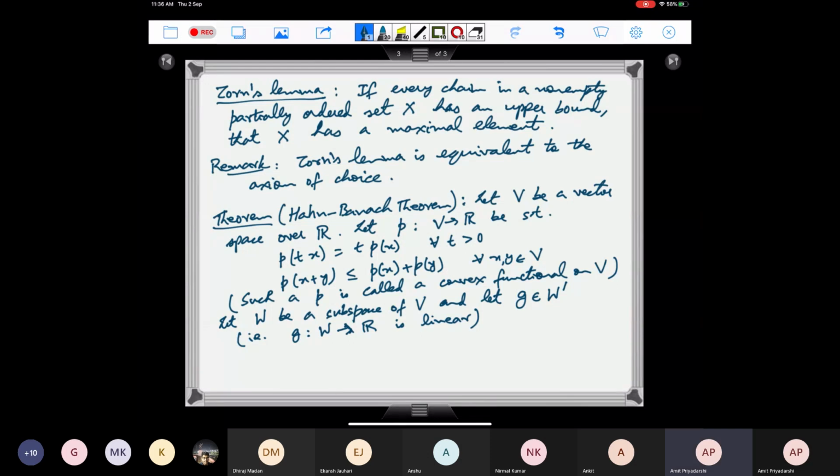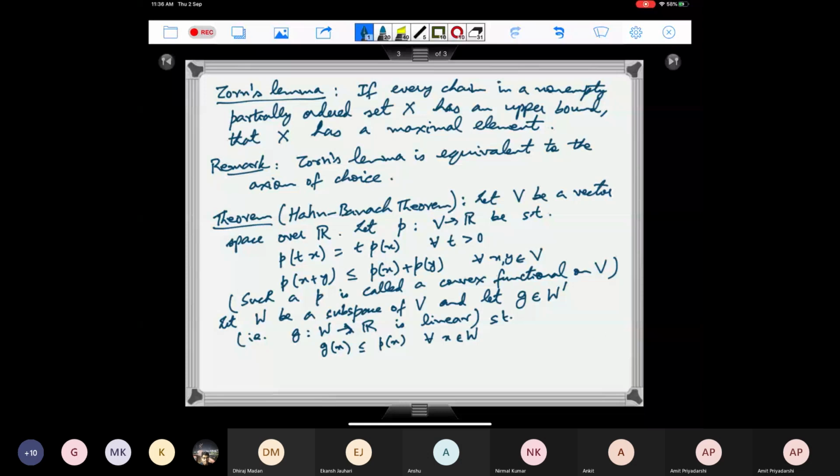So if I take any linear functional on a subspace such that this G is dominated by P, so such that G of x is less than or equal to P of x for all x in W, then this Hahn-Banach theorem says that this G can be extended to a linear functional on the whole space V.